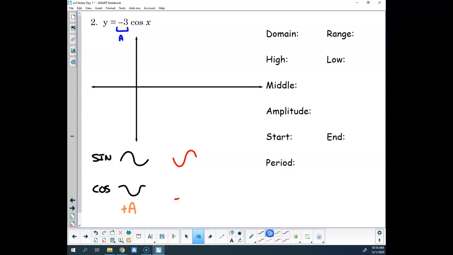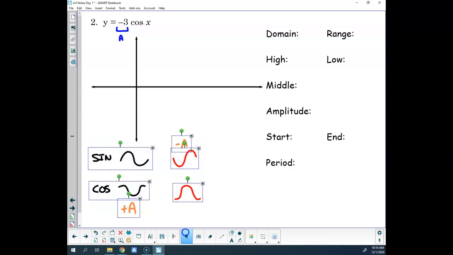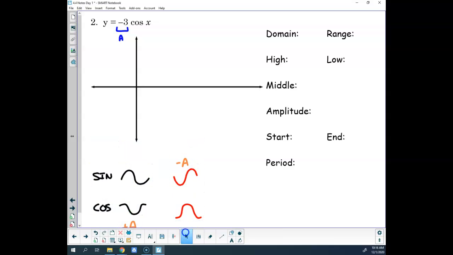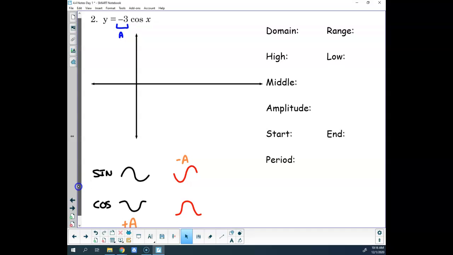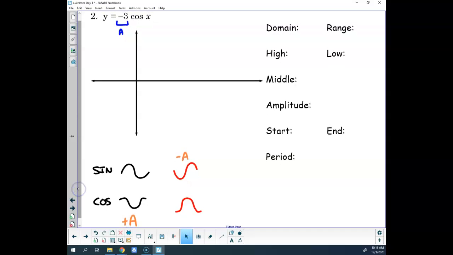A negative A value cosine function would look like that. Okay? So just so you know.